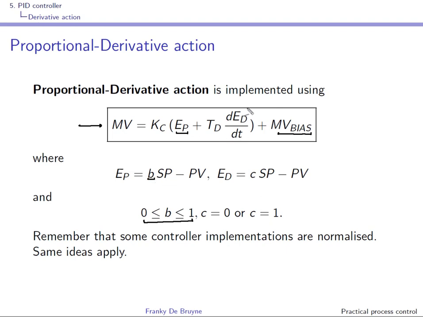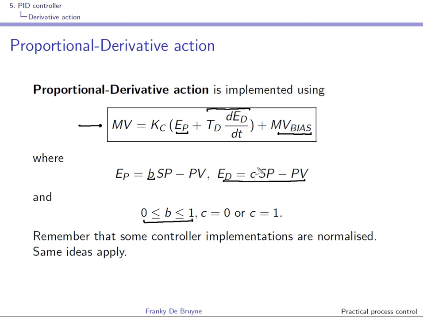Here we add the derivative action. So we take the derivative of the error into account and multiply it by a parameter TD, the derivative time constant, and I'll come back to the meaning of this parameter later. But again, here we do not work with the classical control error. We use this derivative error that is defined like this.